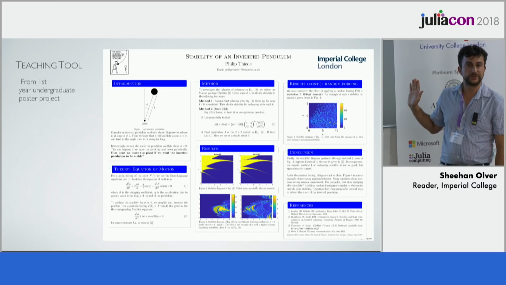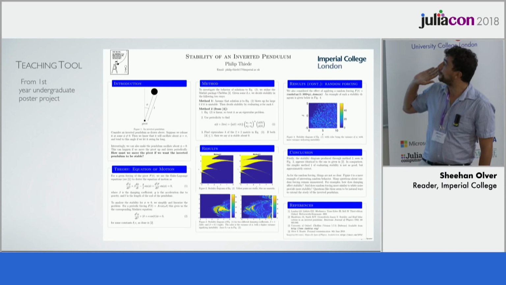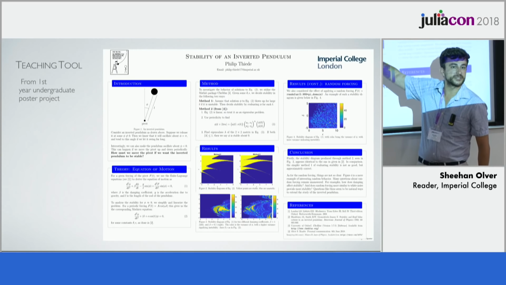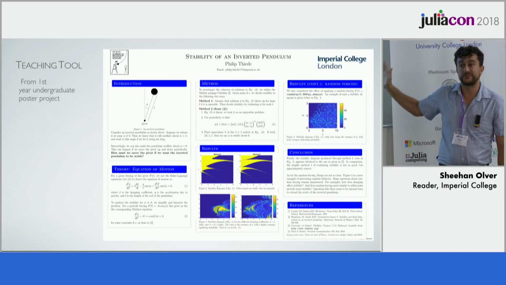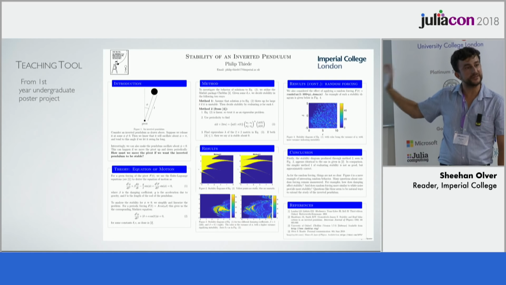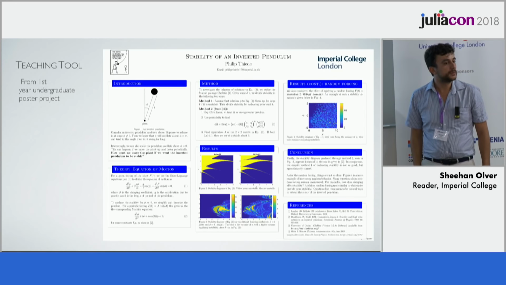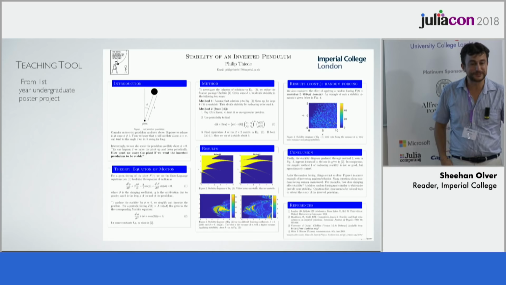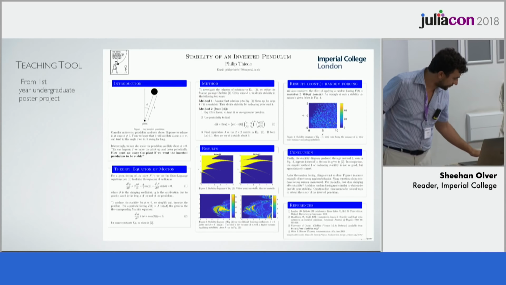But because they could just write it down, they could prepare this poster describing in which regions an inverted pendulum is stable. They might not understand the full details of Mathieu equations and the mathematics, but just making things easy means students can go a lot further than, well, I don't know what I was doing when I was a first-year undergrad, but I definitely wasn't doing stability analysis of an inverted pendulum, that's for sure. Okay.